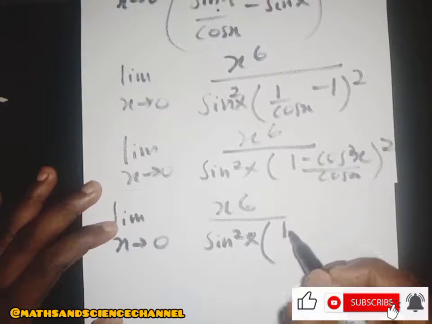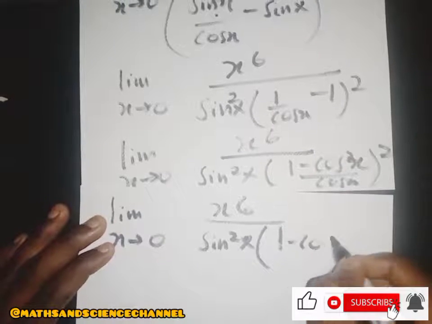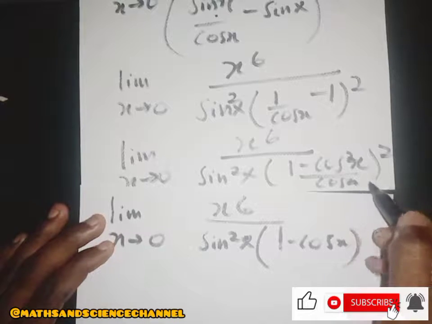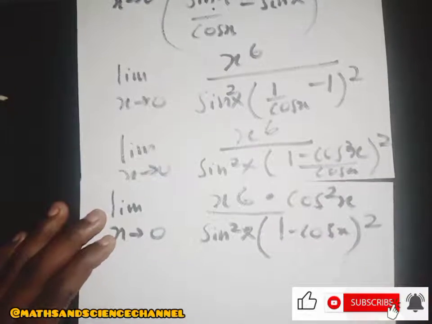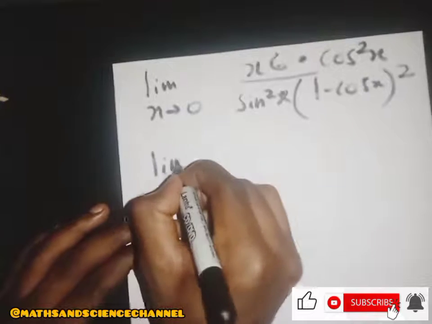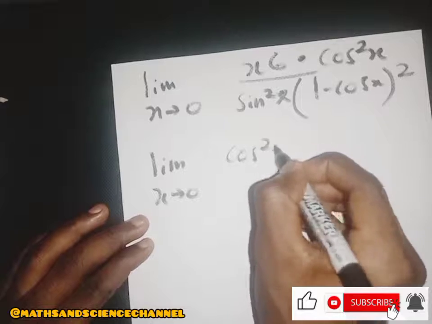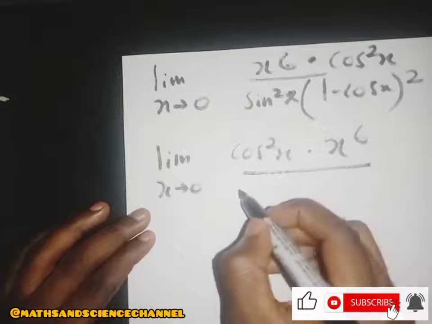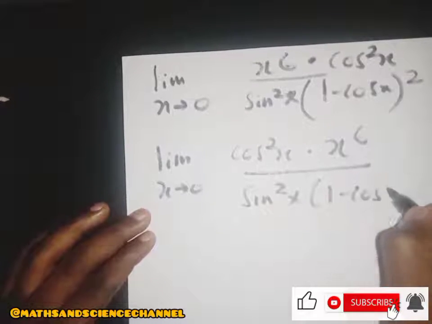So we have 1, remember we have 1 minus cos x here, and with the cos x it is cos squared x, so it goes to the top there, so we have cos squared x in this case. So from here we simplify it further. So we have just cos squared x here, and then x to the power 6 being divided by sine squared x, then 1 minus cos x all squared.